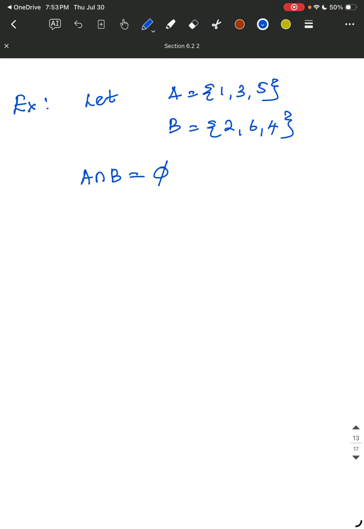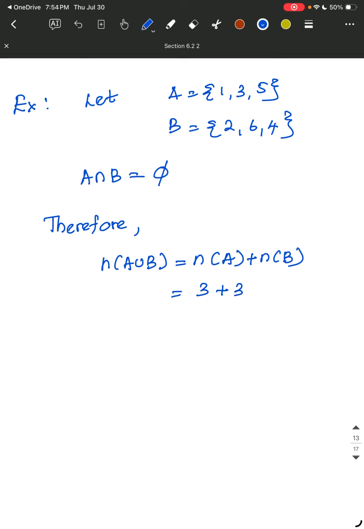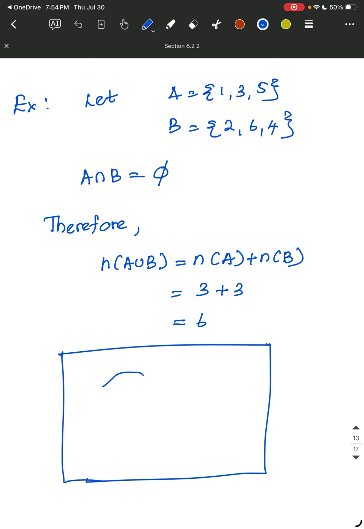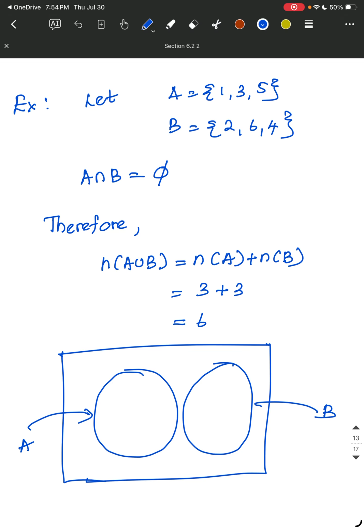Therefore, the number of entries in A union B equals the number of entries in A plus the number of entries in B. So 3 plus 3, 6. If two sets are disjoint, should we subtract anything? No, because there is no overlap. So let's represent the two sets A and B. They are disjoint. That means no common outcomes.